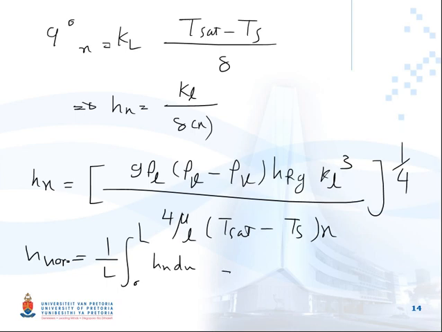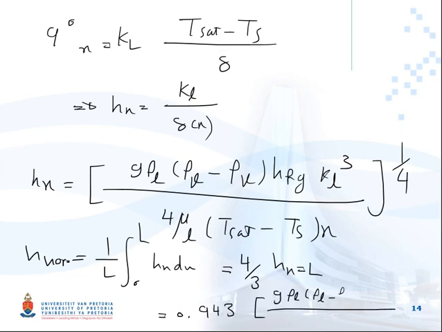So it's equal to 0.75 h x at x equal to L, which will be 0.943 times rho L minus rho V h_fg k_L cubed divided by mu L T sat minus T_s multiplied by L, to the power of 0.25.